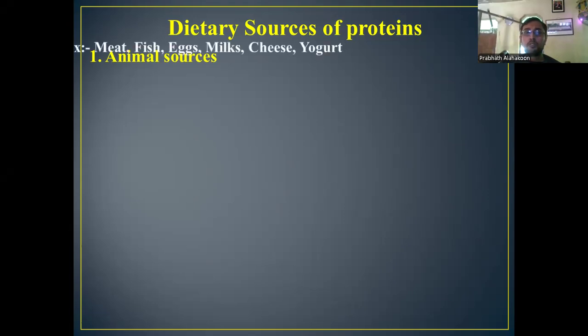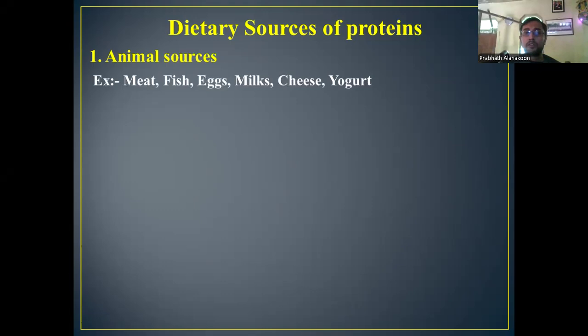Okay, now let's discuss the next topic. It is dietary sources of protein. There are two types of dietary sources. First type is animal sources. Examples of animal sources are meat, fish, eggs, milk, cheese, yogurt, or dairy products.